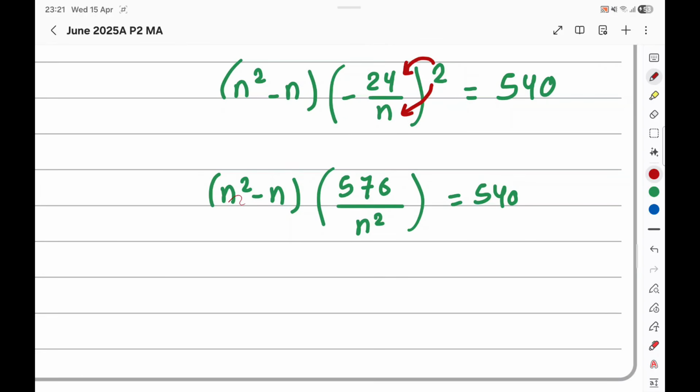Let's expand. n squared times 576 over n squared is 576. Negative n times 576 over n squared is negative 576 over n, equals 540.